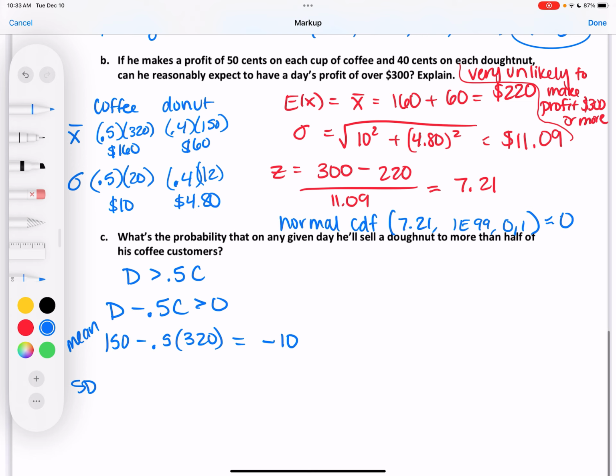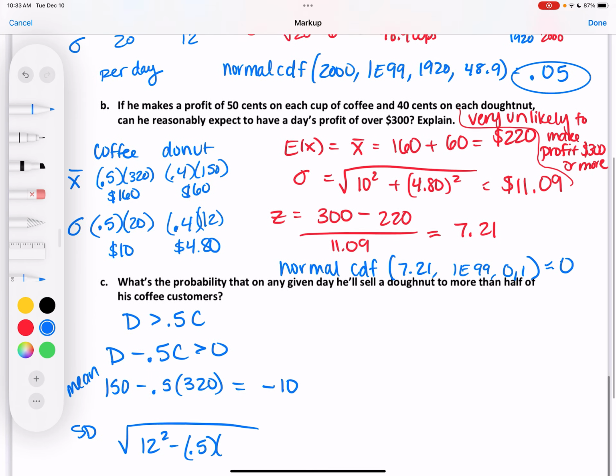The standard deviation is going to be the square root of each of their standard deviations squared. We're going to take this but plug in their standard deviations, and we have to square them because we're going to be adding. So donut was 12 squared minus 0.5 times 20 squared.